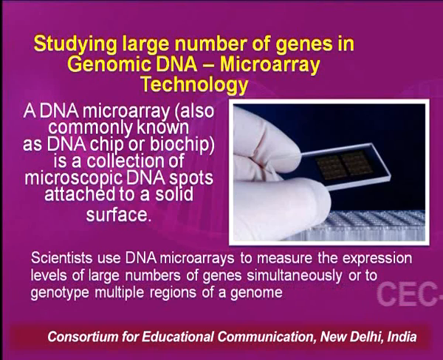So it's a simple glass slide with genomic DNA attached to it. The pre-sequenced, already known gene data is attached to this, and it is extensively used in measuring gene expression. With this we can study a large number of genes at one go and study their expression together.